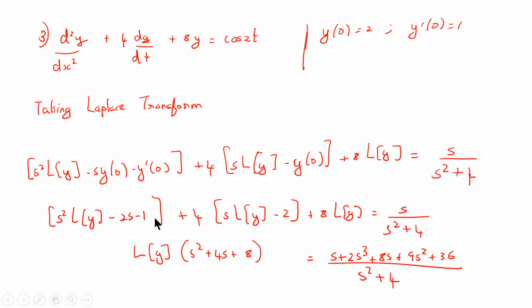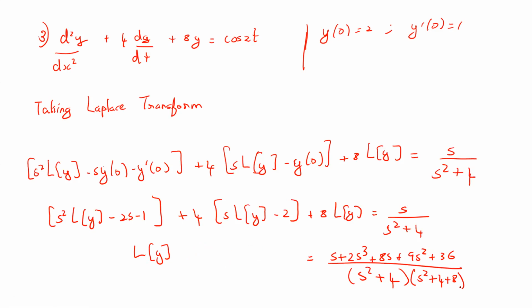Now obviously this term has to go to the denominator. So we have this in brackets, and this term s square plus 4s plus 8 goes to the denominator.